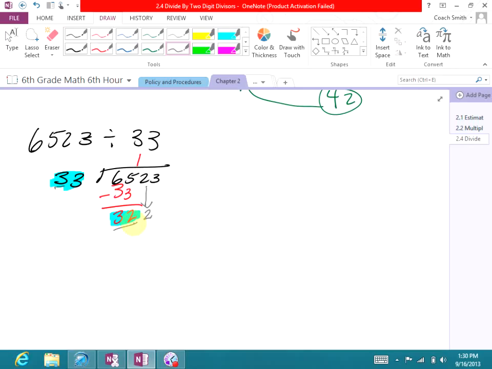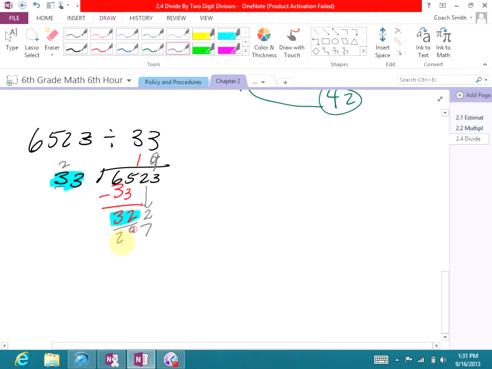8 times. Sophia. Okay. It's 10 or 11, but we know that you can't have 10 or 11. So what's the one-digit number I can have is 9. Okay. So 9, we're going to try 9. That's our estimate. 9 times 3 is 27. Carry my 2.